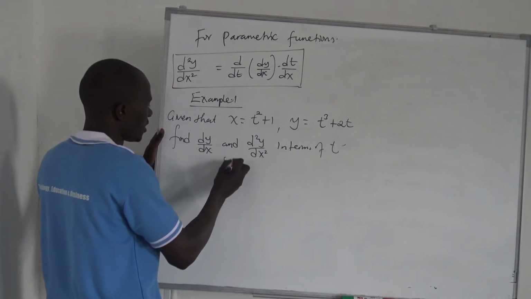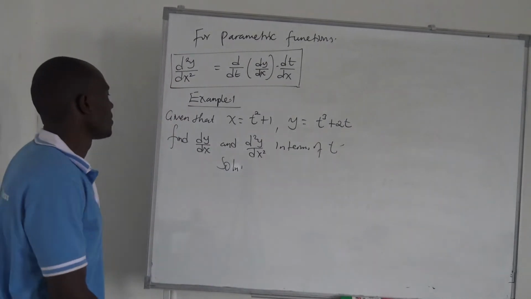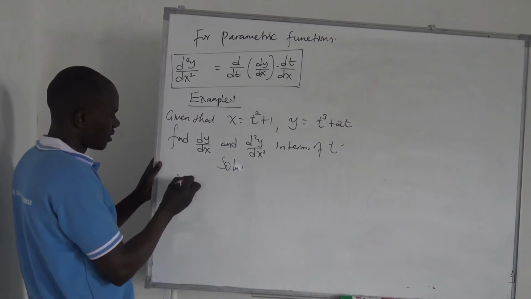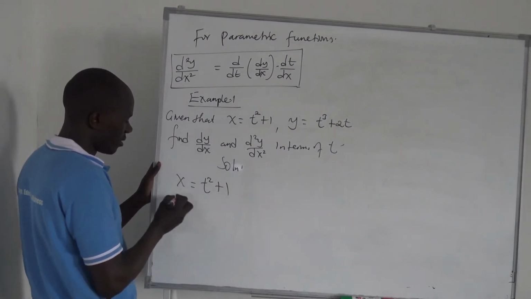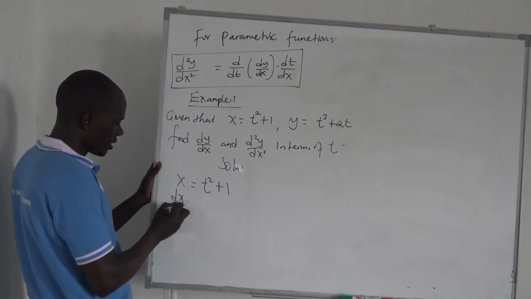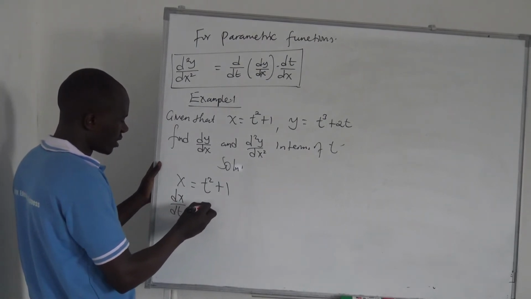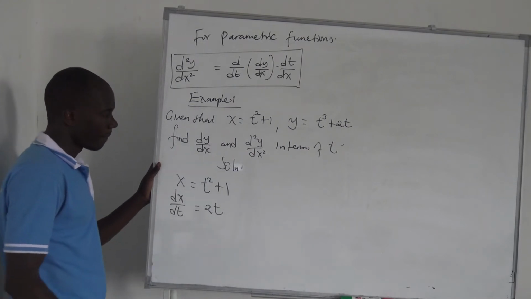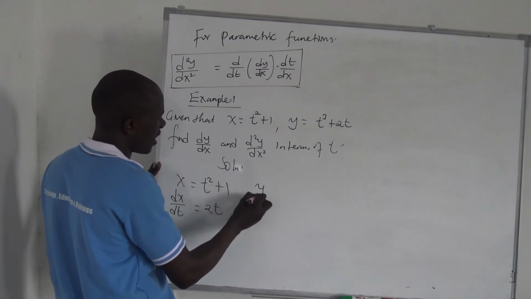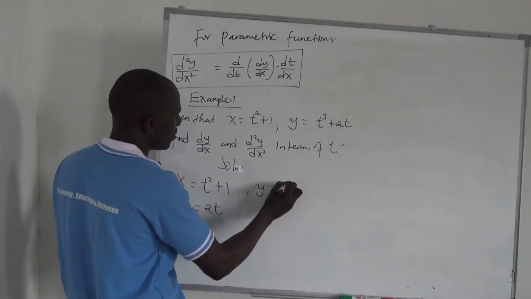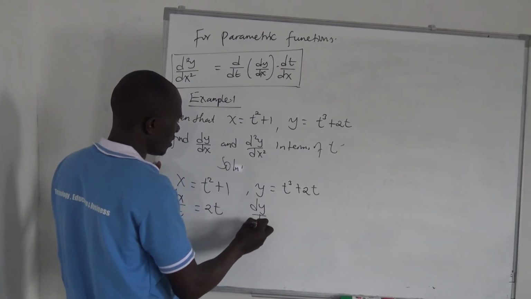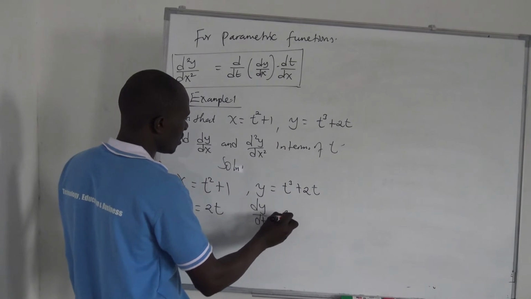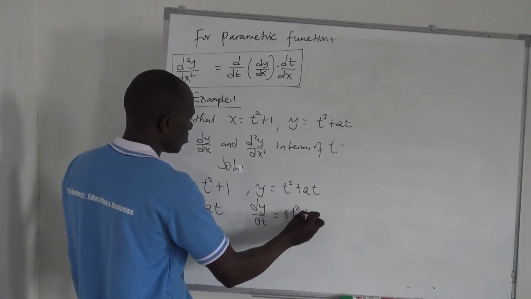So let's pay attention here. We are given x equals t squared plus 1. First get dx dt, which is 2t. And equally we have y equals t cubed plus 2t, and we get dy dt. What are we getting? 3t squared plus 2.